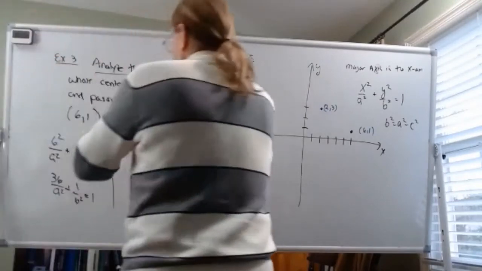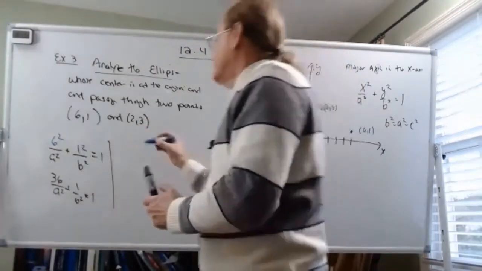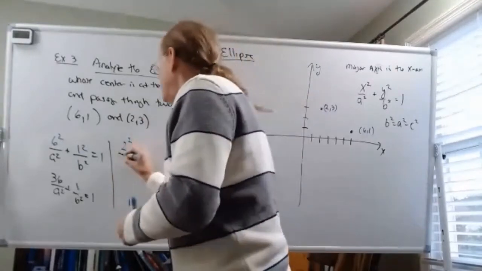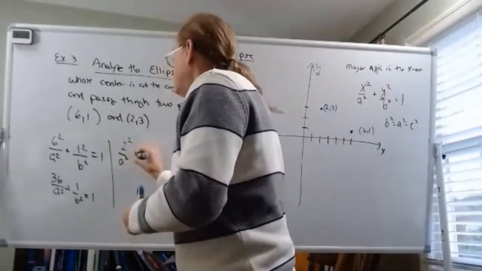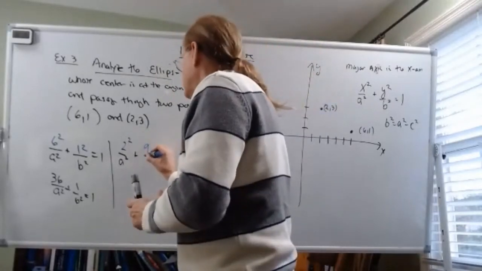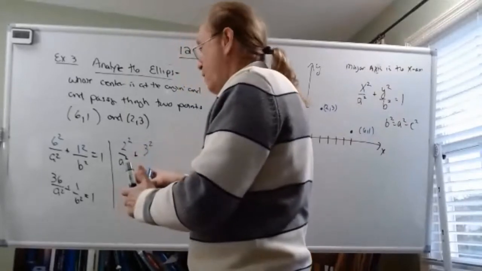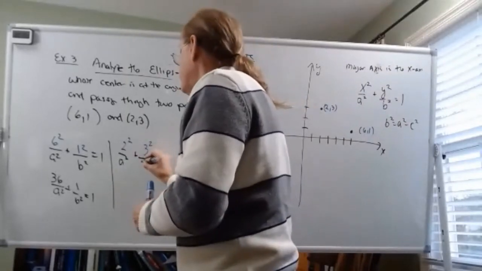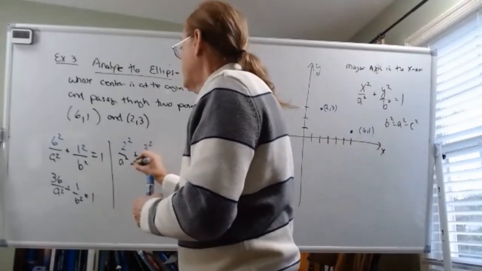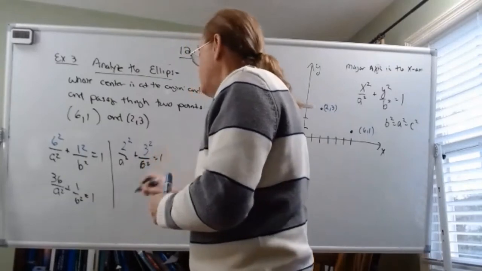Let's do the same thing for this one. I'm going to replace x with 2, so I get 2 squared over a squared, plus, well, I'm going to square the 3 and get 9 over b squared. I'll write it as 3 squared just so you can see 9, is equal to 1.